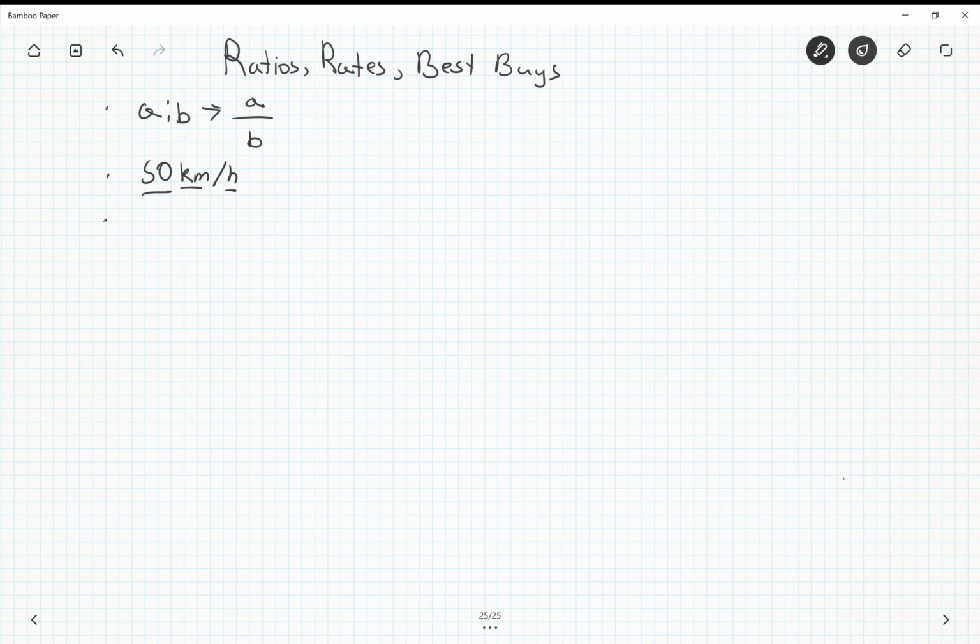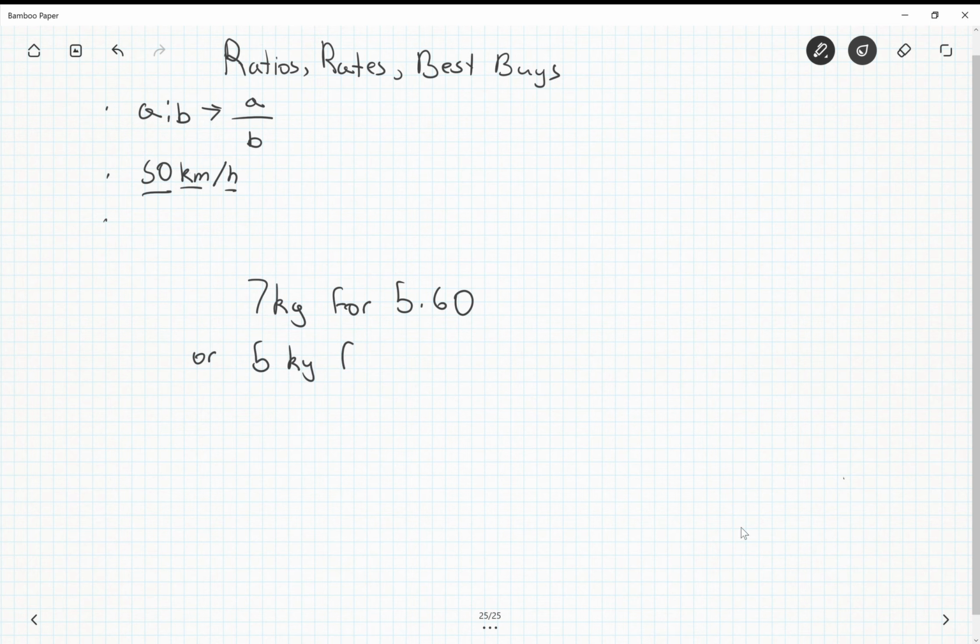So would you rather have 7 kg of onions for $5.60, or 5 kg of onions for $4.25? So how do we solve these kind of questions?